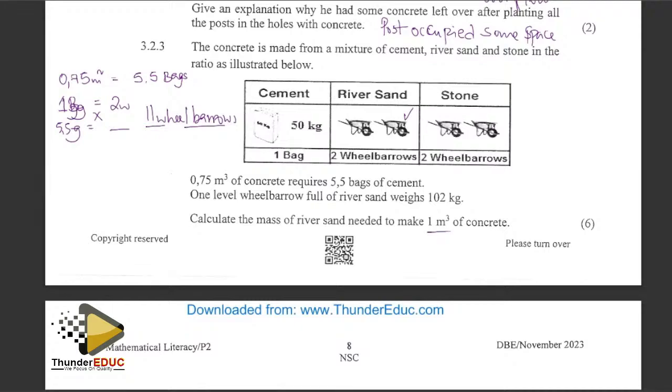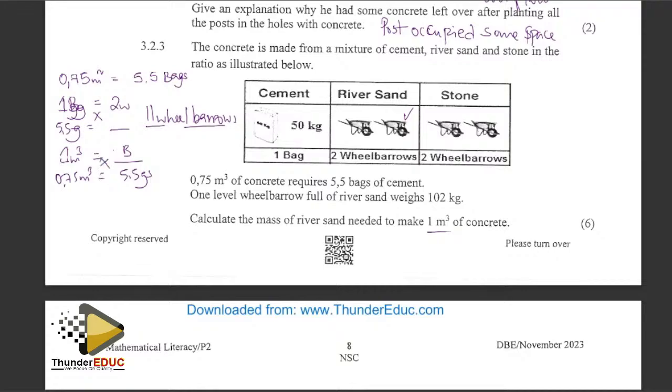1 meter cubed. So they have told you 0.75, it takes 5.5. What about 1? Let's also look at that. We shall say 1 meter cubed gives you, we don't know, but the 0.75, they will need 5.5. You see that?